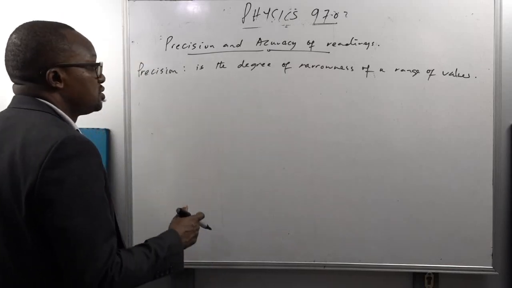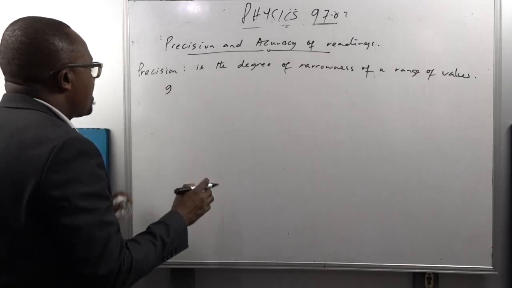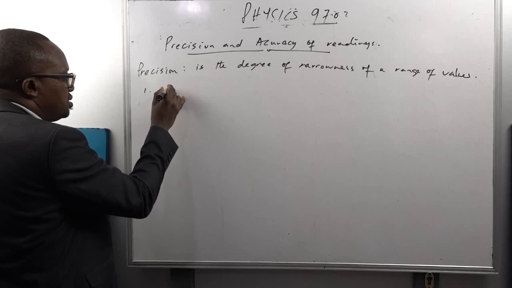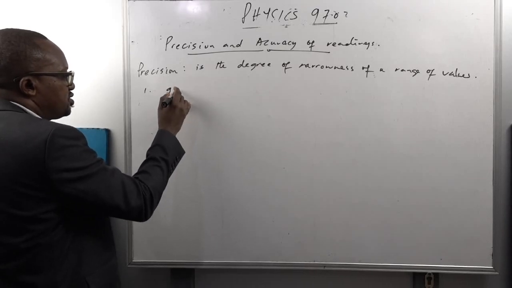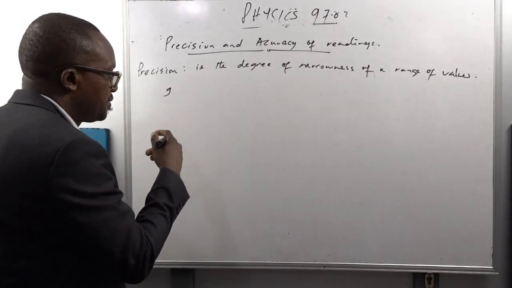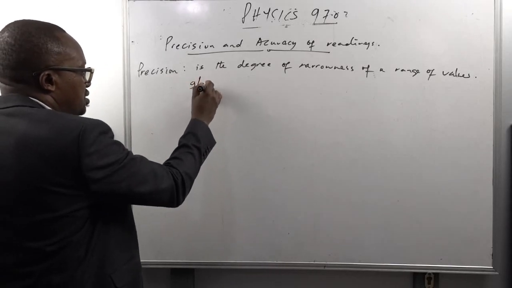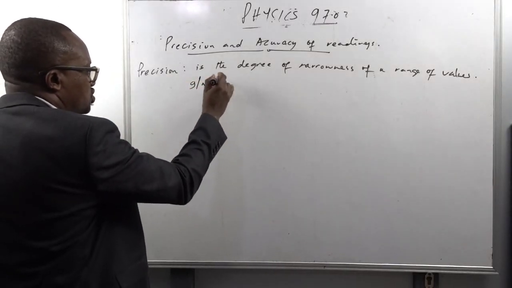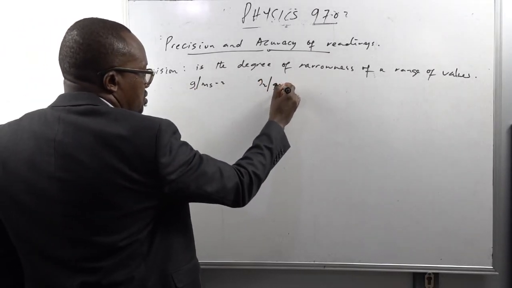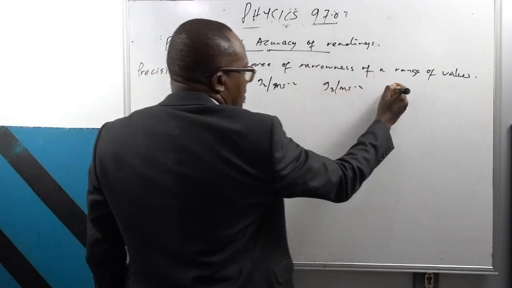For example, if I take a set of readings for the acceleration of free fall, which is g, in meters per second squared: g1, g2, g3, g4.